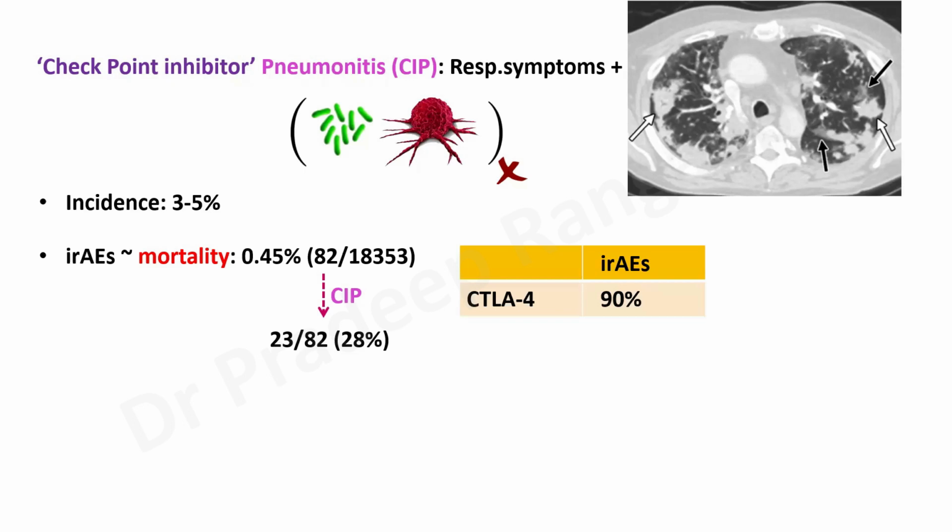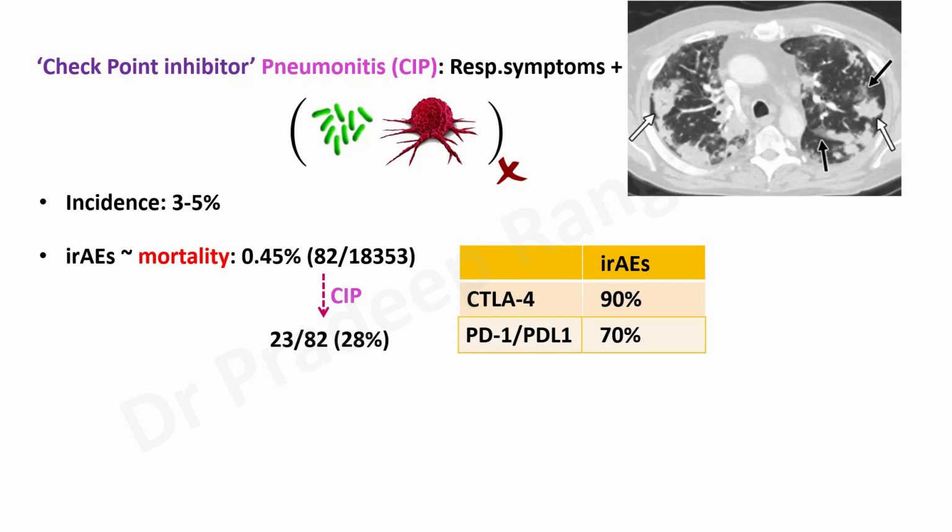So with regards to cytotoxic T lymphocyte antigen agents, CTLA4, what we call, the immune-related adverse events can occur up to 90%. And when you're using PD, programmed cell death receptor, or PDL1 ligand agents, the immune-related adverse events are 70%, which means most of these therapies used in cancer patients, which is CTLA4 or PD1, PDL1, all have an ability to cause immune-related adverse events but of varying degrees.